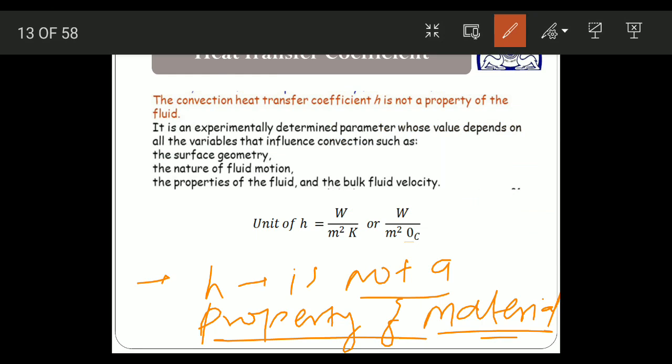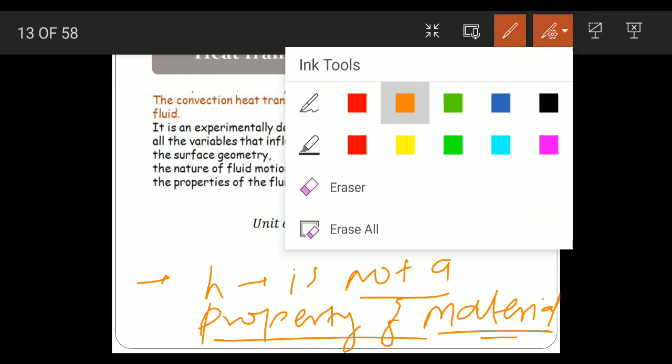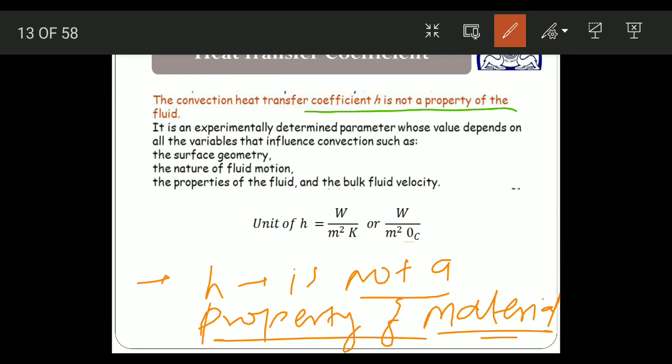On which parameters does it depend? It is an experimentally determined parameter whose value depends on all the variables that influence convection, such as the surface geometry, the nature of the fluid motion, the properties of the fluid, and bulk fluid velocity. So these are the different parameters on which the heat transfer coefficient depends.